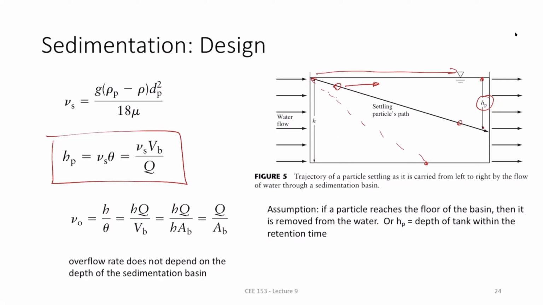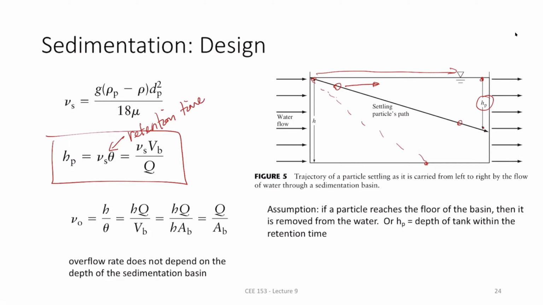So hp is the velocity at which it settles times the amount of time it stays in the system. This is called theta, the retention time, the amount of time a particulate stays in the system. If you multiply by the velocity at which it moved down, you should be able to cover that distance. So basically the distance is equal to velocity times the time.